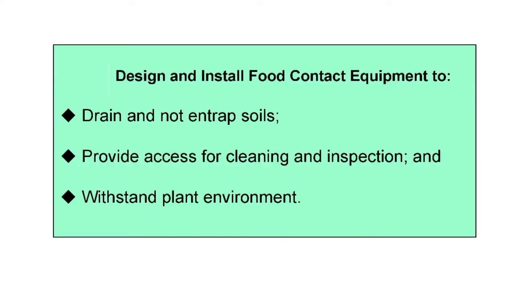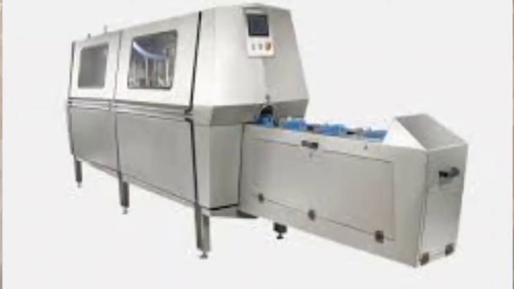Then the designing of the food contact material, how should it be designed? Designing of food contact surfaces should drain and not entrap soils, provide access for cleaning and inspection, and withstand the plant environment. It should have fewer nuts and bolts, and easily washable, smooth, fabricated surfaces. If the equipment is large, it should be easy to dismantle and wash properly and remove slime.